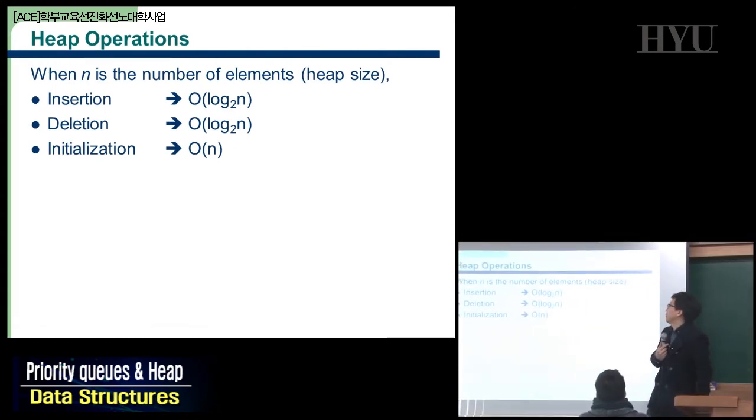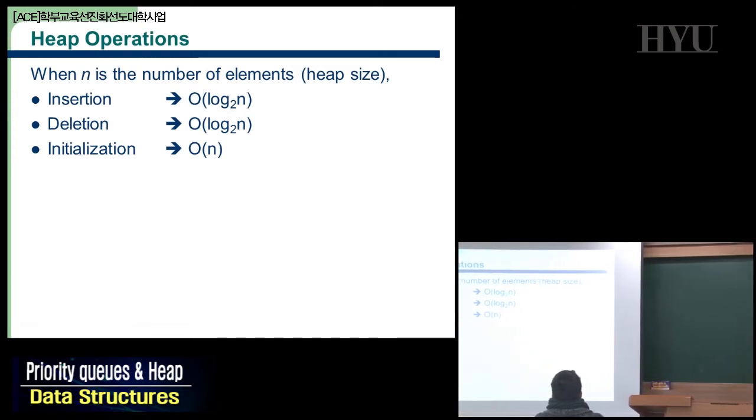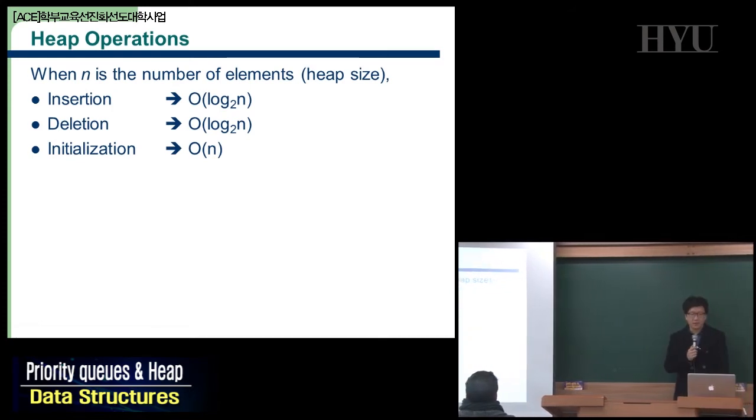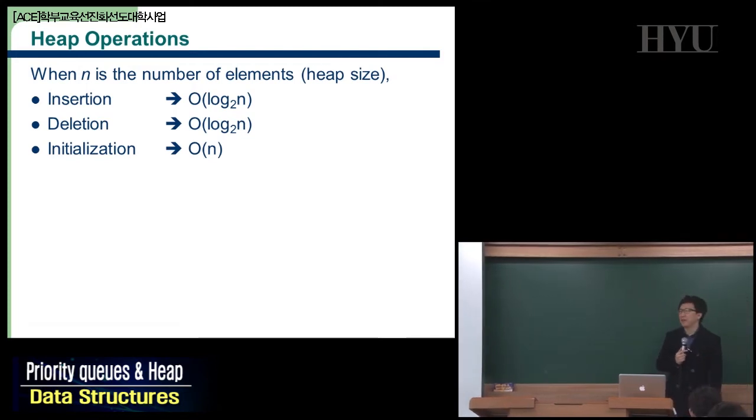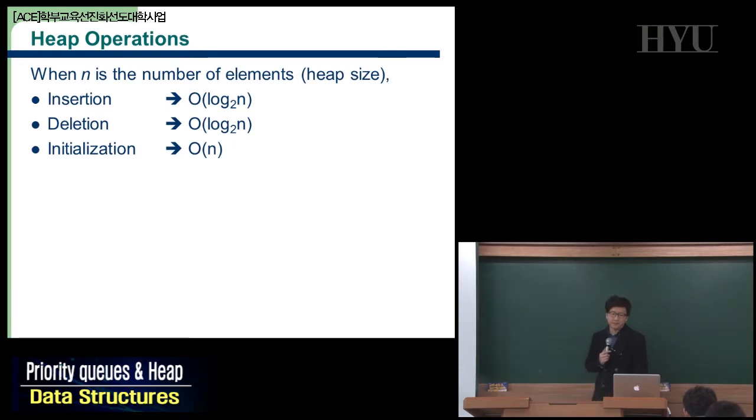For heap operations, n is the number of elements, so I'm dealing with n elements in the tree. How long does it take to insert an element? It doesn't really matter whether it's a heap or not. We're dealing with a binary tree, max or min, and it doesn't matter whether it's complete or not.